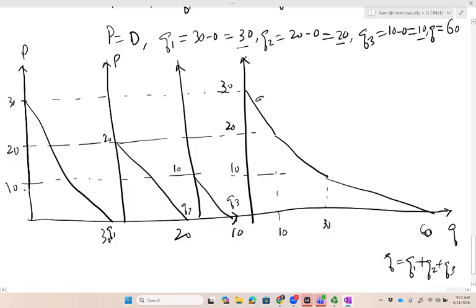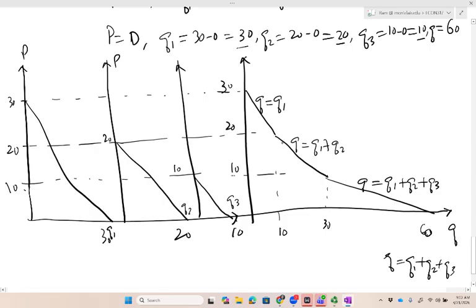As you can see, market demand in this part is Q equal to Q1. In the second part, market demand is Q1 plus Q2. In the third part, the price between 10 and 0, Q is Q1 plus Q2 plus Q3. So this is the way we are able to aggregate individual demands to obtain a market demand.